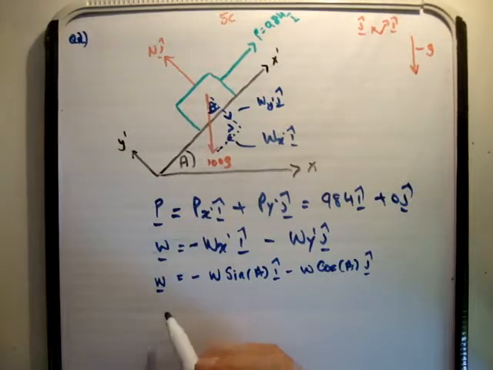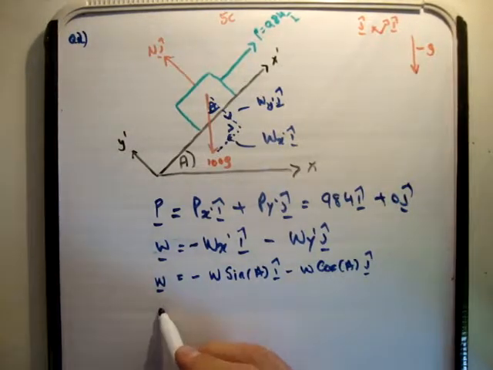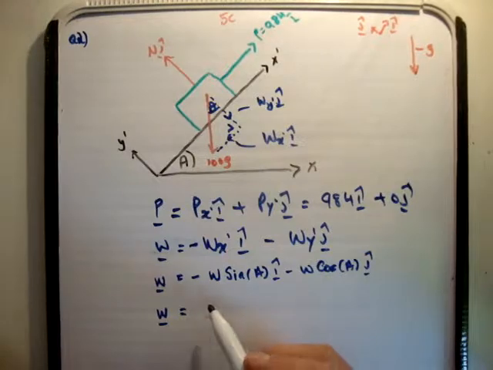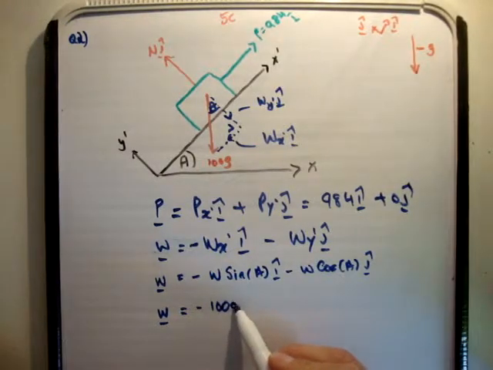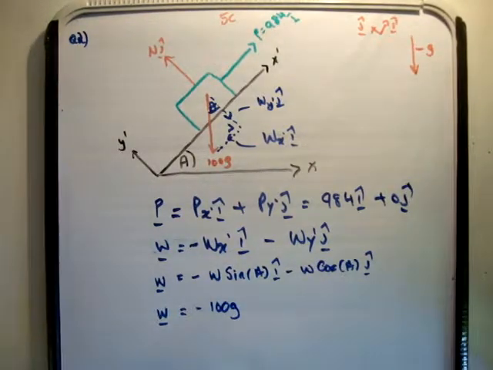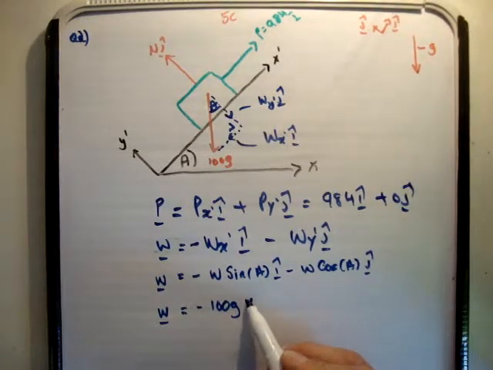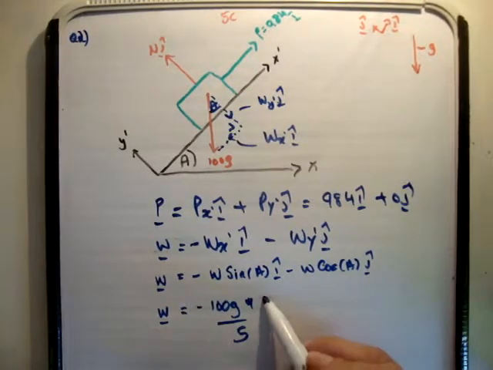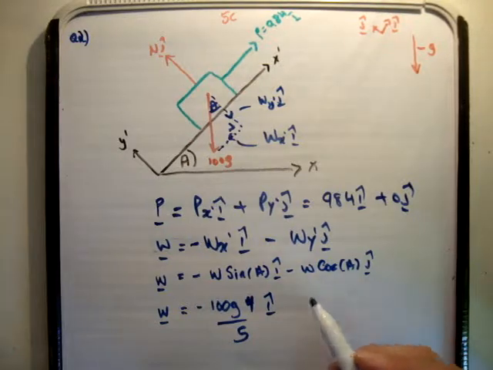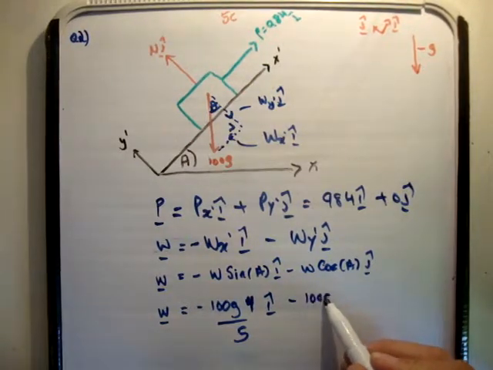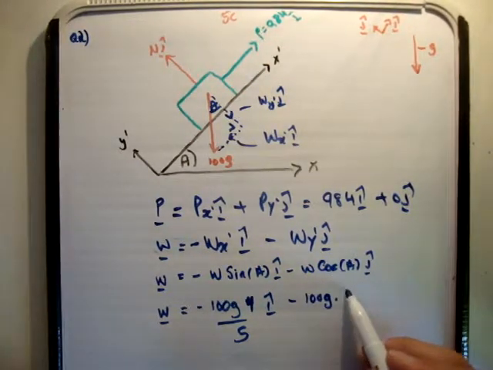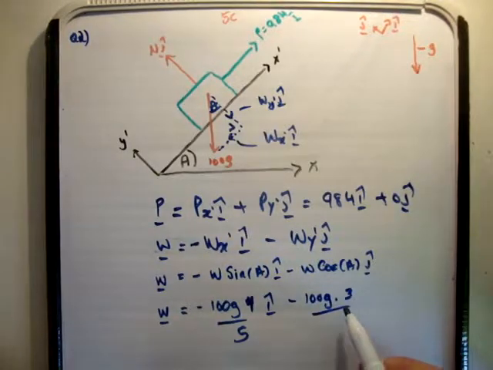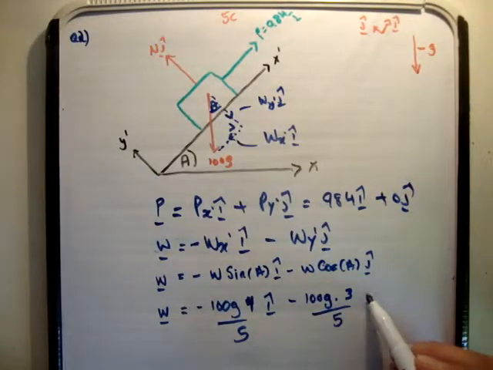Alright, so let's just work out what that is. So let's say the weight vector is equal to minus 100g times the sine, and I said the sine was equal to 4 over 5, and that's the i hat direction. That's actually supposed to be a 4, believe it or not, and negative 100g times the cosine, which was 3 over 5, and that's in the j hat direction.